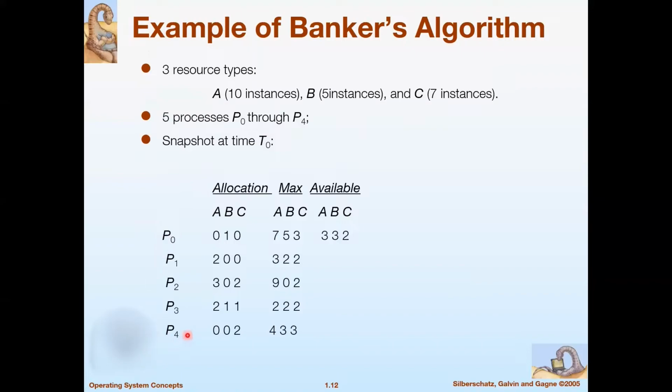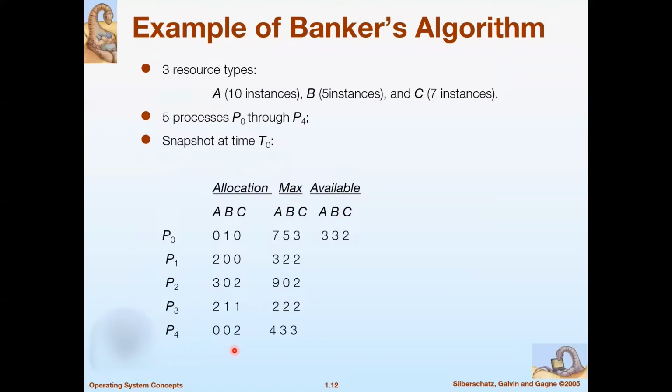Now, two matrices, allocation and max, will be given here, and a vector available will also be given. Since there are three different resources, we have three different columns for them, and the 5 processes are given here. So this table will be given.